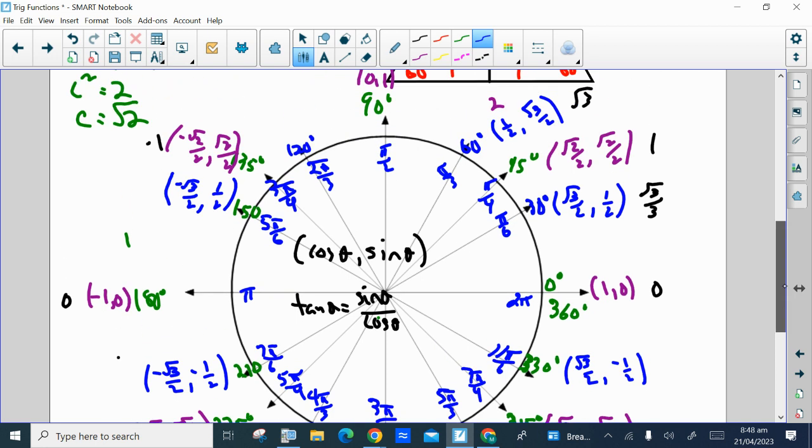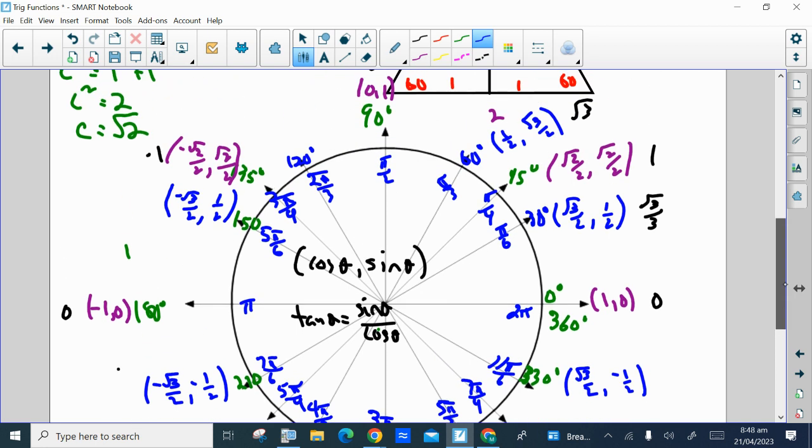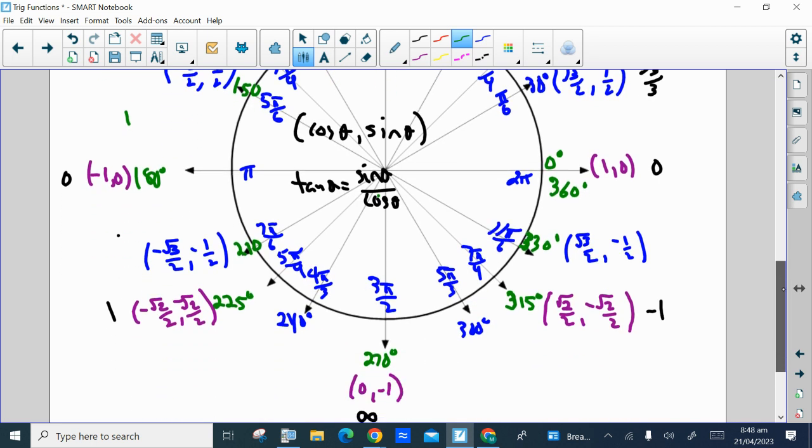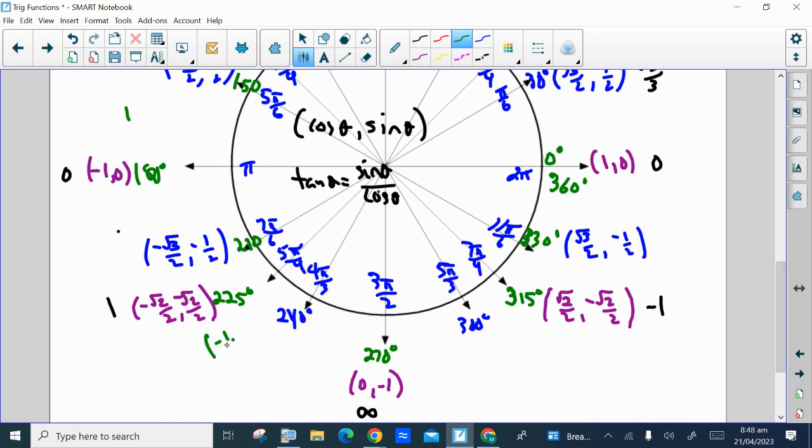And again, the coordinates here will be the same as at 60 degrees, except for changing signs. This will be negative 1/2, comma, root 3 over 2. Down here, they're both negative. And in the fourth quadrant, it's positive, negative.